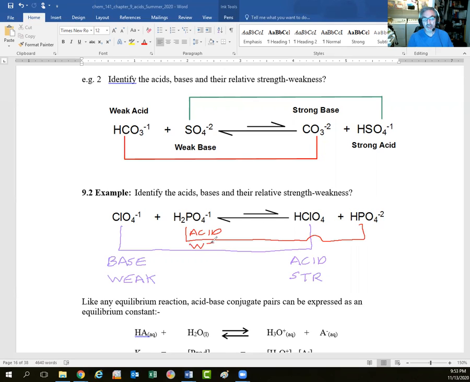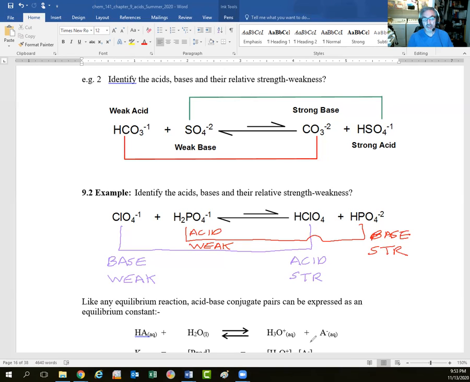So it's a relatively weak acid. Meanwhile, its partner, the HPO4, to turn back into the original H2PO4, it's got to pick up a proton. It's a base. And it's part of the favored back reaction from right to left. It's a strong base.